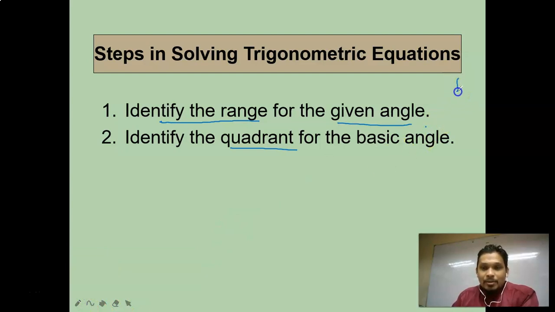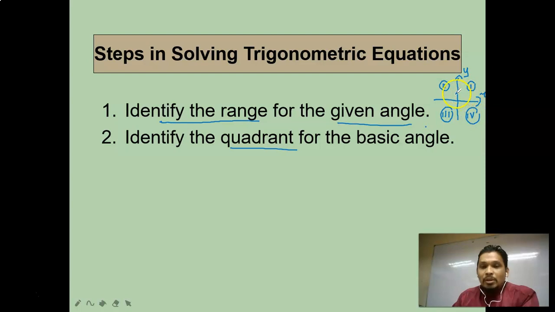So just imagine, let's say this is an x-axis and also y-axis. So here we define a quadrant number 1, quadrant 2, quadrant 3, and quadrant 4.